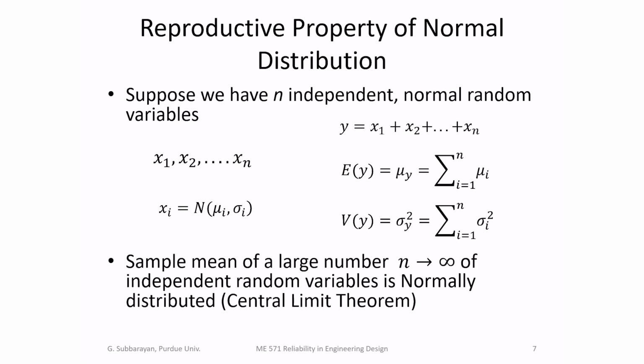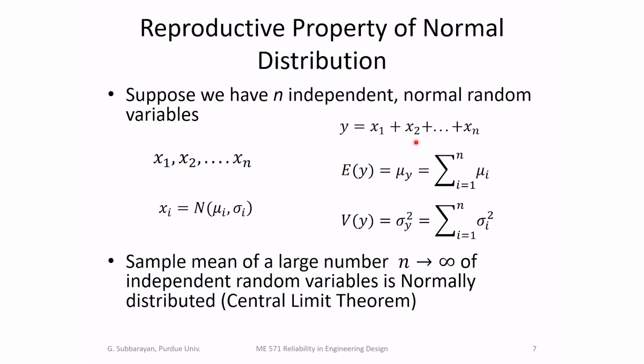Finally, an important property of the normal distribution is that if you have multiple random variables and they're all normally distributed, say x1 is normally distributed, x2 is normally distributed, then the sum is also normally distributed.